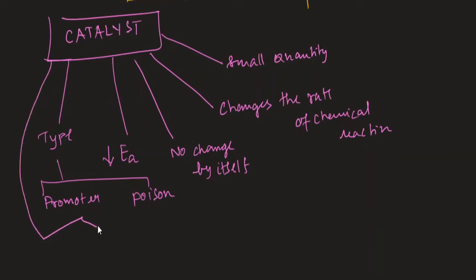When the reaction is enhanced by a catalyst, that catalyst is called the accelerator. Sometimes it reduces the speed of the reaction, then you can call it an inhibitor. Sometimes there are substances which deactivate the catalytic activity, that is called a poison. When it promotes further, then it's called a promoter.